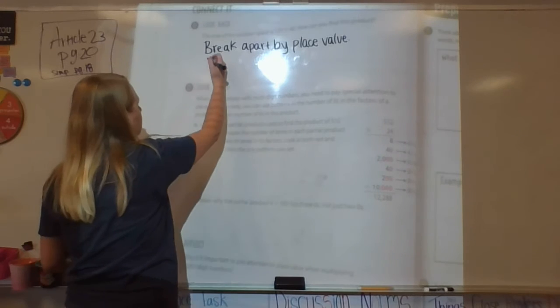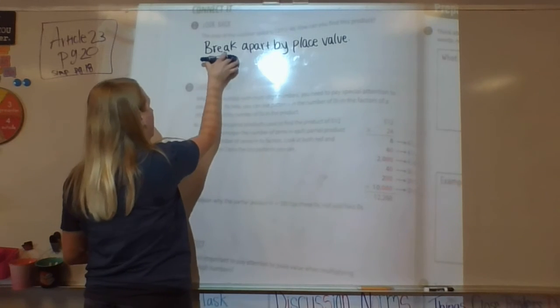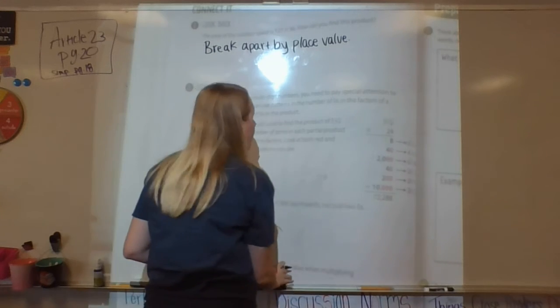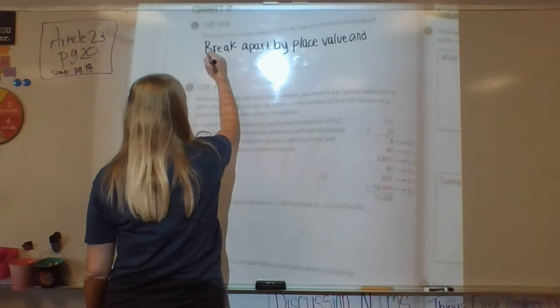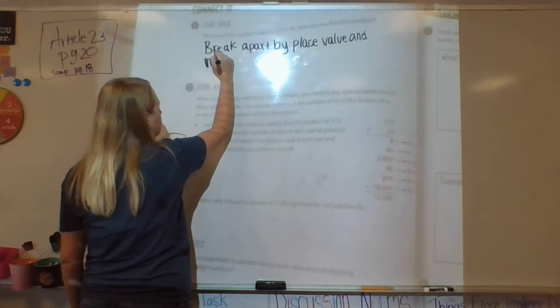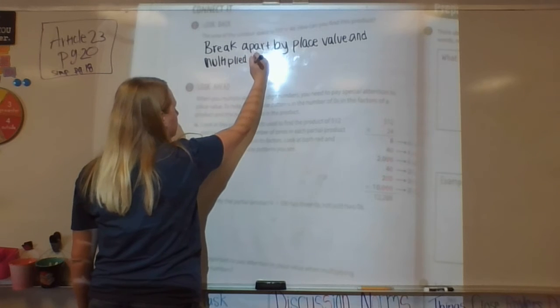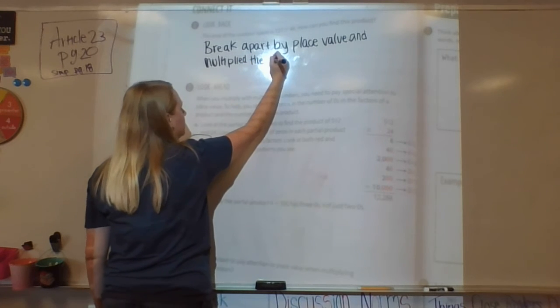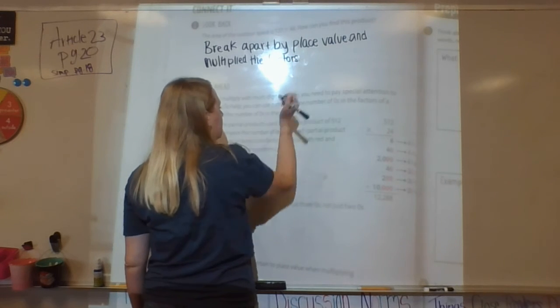Then we found, we broke it apart by place value and multiplied it. Multiplied the factors.